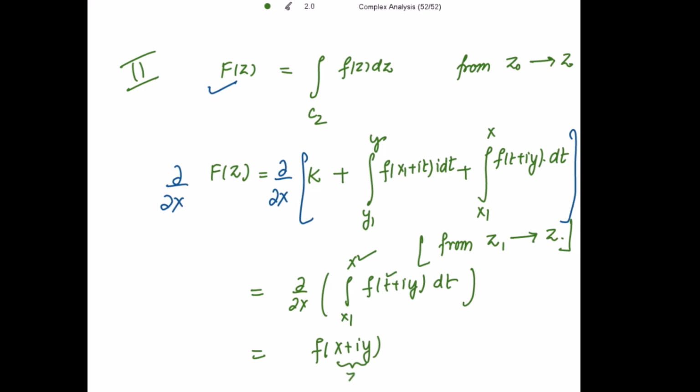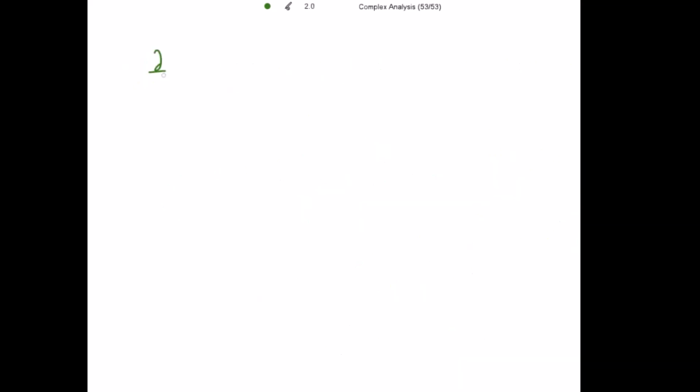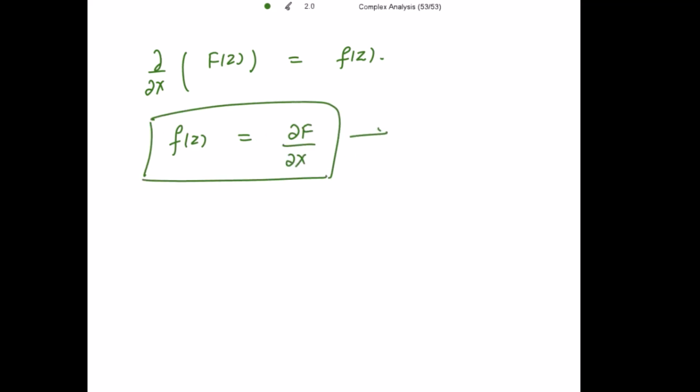And this is nothing but your z, so this is f of z. So we get curly by curly x of F of z to be equal to f of z, or f of z is equal to curly F over curly x, marking this as 2.